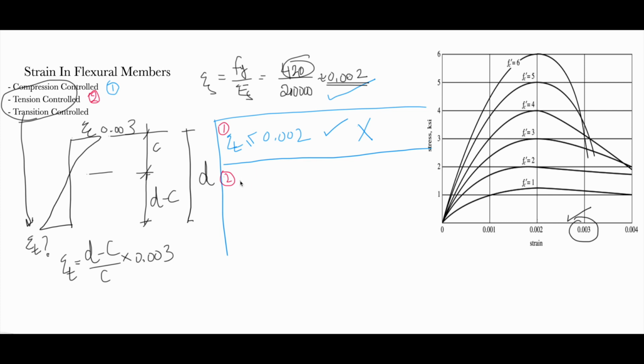As per ACI code 10.3.4, the strain in the steel should be greater than or equal to 0.005 in order to be in this zone. This means that the beam will deflect and give you warnings. It is ductile. The first one is brittle. It acts as brittle, although it's steel.